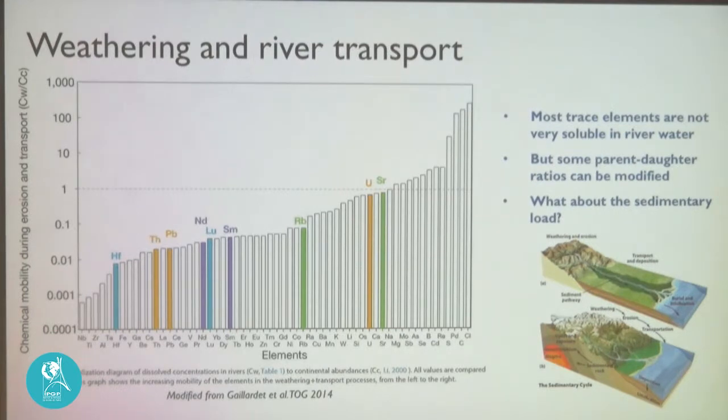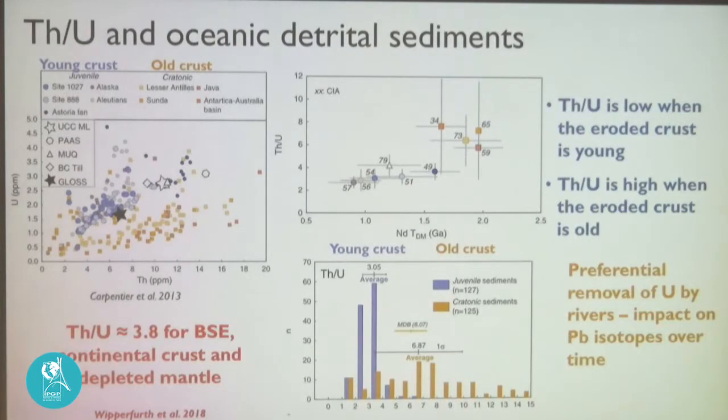But what I want to concentrate on is the sediments more than the water. So here is a bit of a complex figure, but I think that's important because it addresses the issue of the thorium-uranium ratio. Thorium-uranium is a very important ratio for the long-term evolution of the Earth because it determines the lead isotopic composition of the material, the mantle and the continental crust.